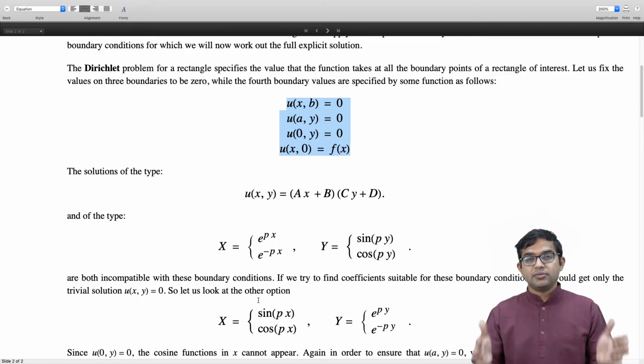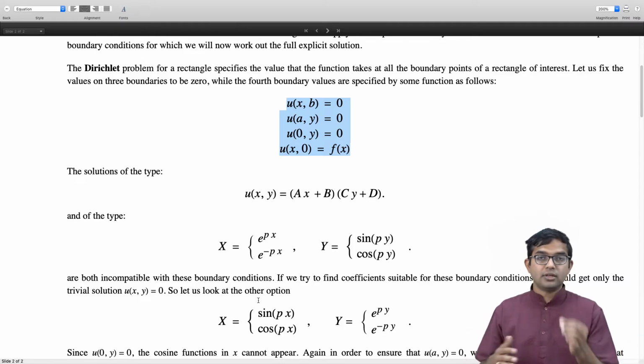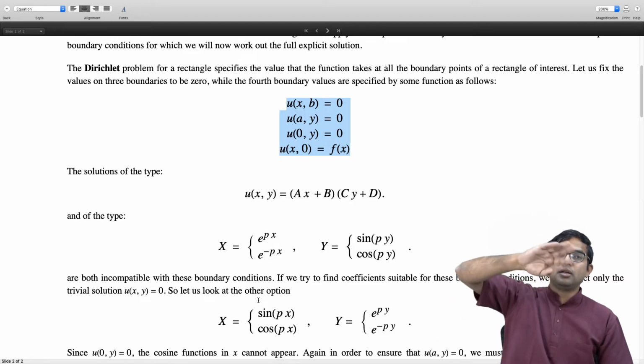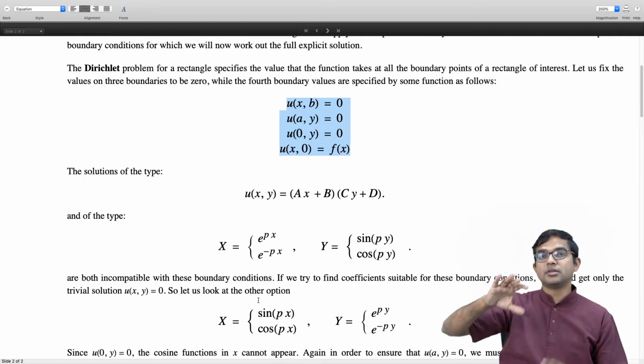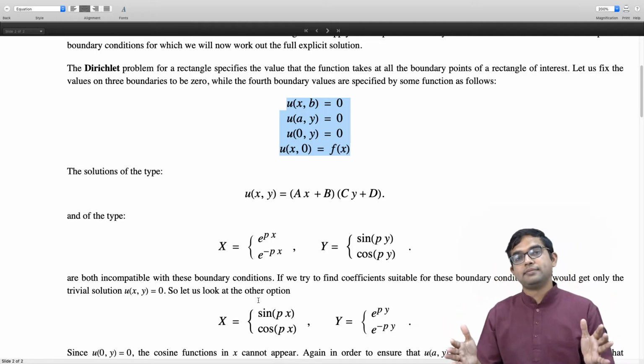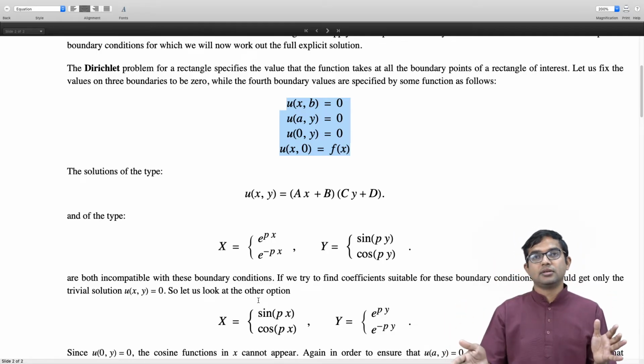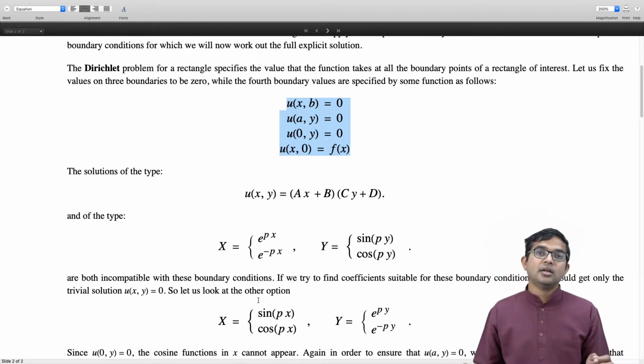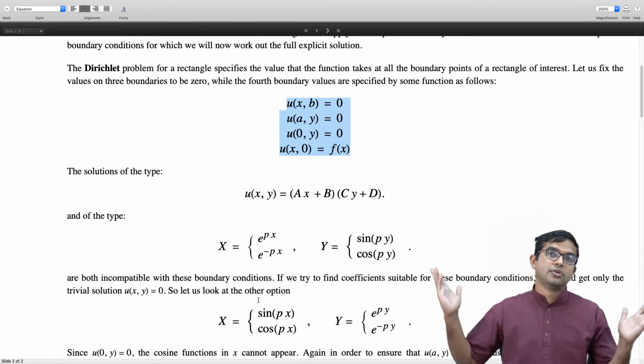Whereas with sines and cosines, we know that sinusoids are functions which repeatedly go back to 0. So you fix one end to be 0, and then you have to choose your other end to be such that it's at one of the other zeros of sine.